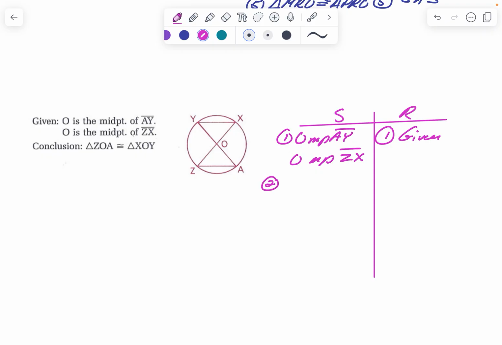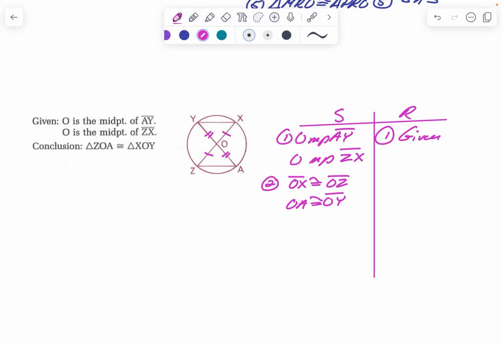All right, so midpoint cuts it in half, right? So we could say OX congruent to OZ. And we could also say OA congruent to OY.